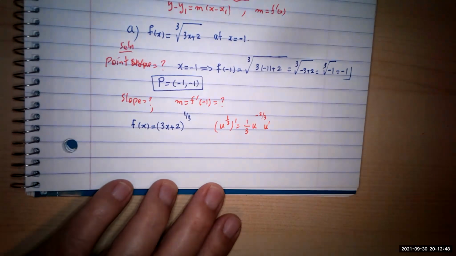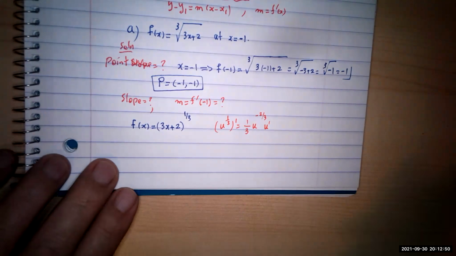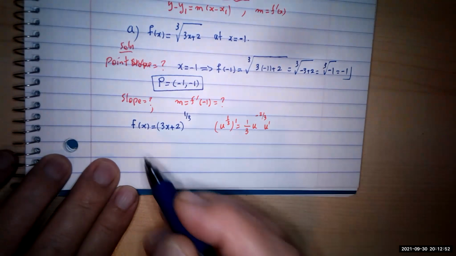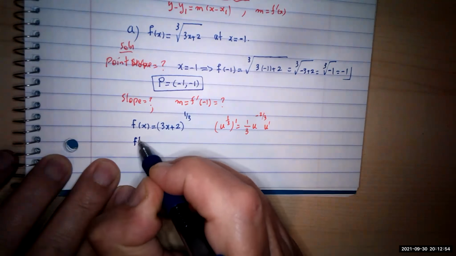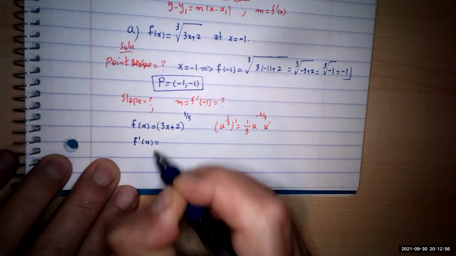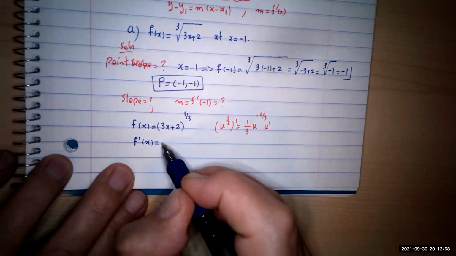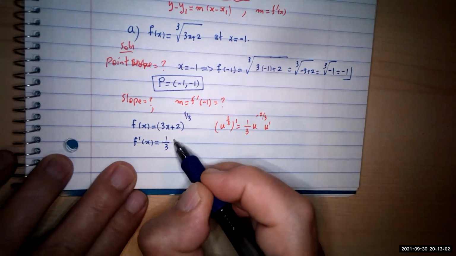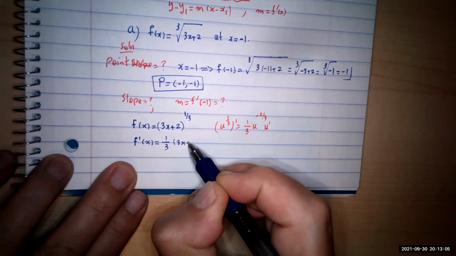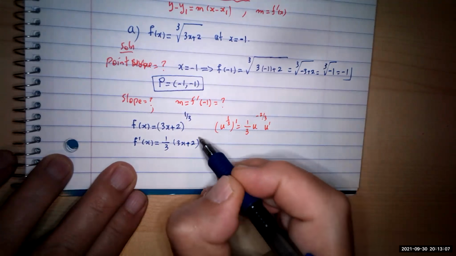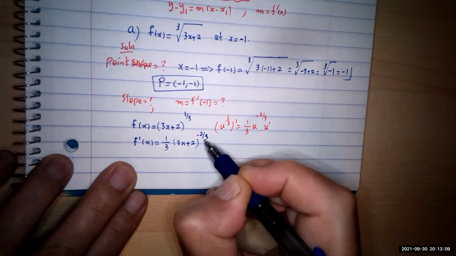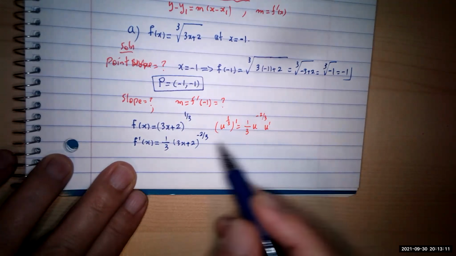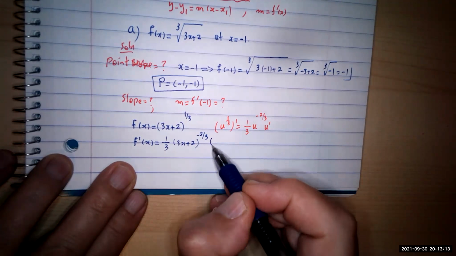Okay, so copy this formula. So what's going to be f prime? f prime of x is equal to, we bring the 1/3 down, 1/3 times 3x plus 2 to the negative 2/3. But times what? Times u prime. u prime would be 3.